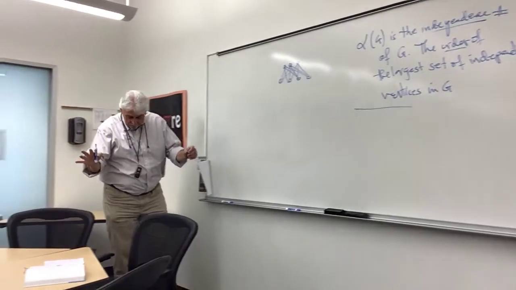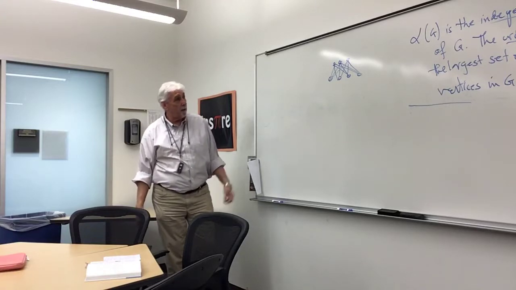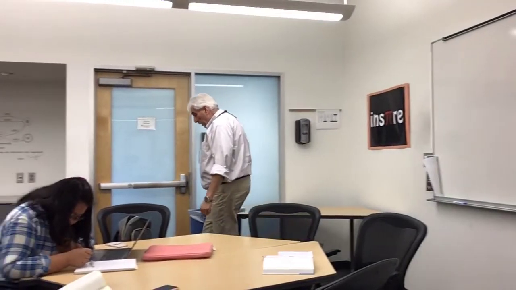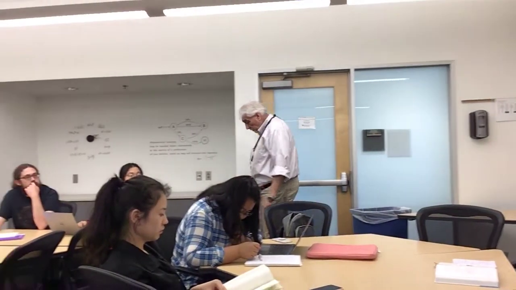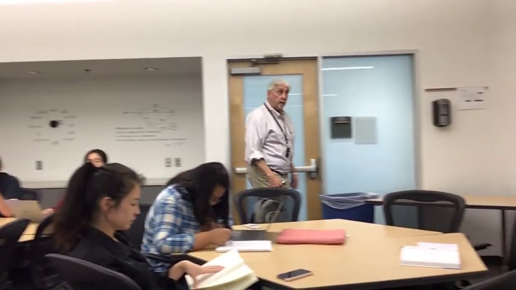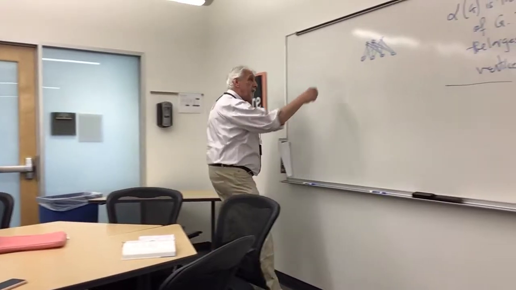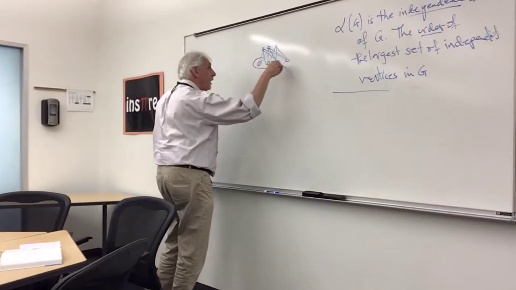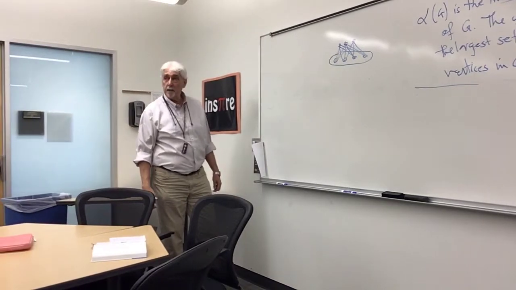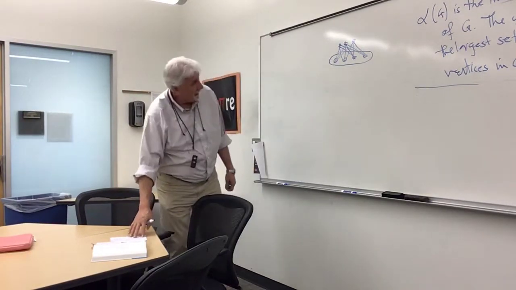Just so I know everybody's on at least close to the same page, what's the independence number of K34? 4. And where would those 4 be? The bottom. So it's the order of the largest set of independent vertices. Okay? So that's the independence number.